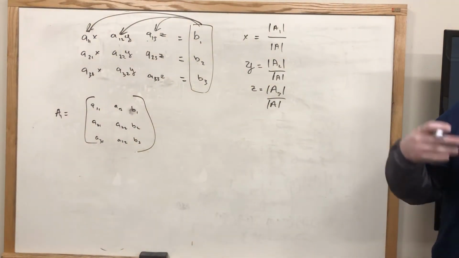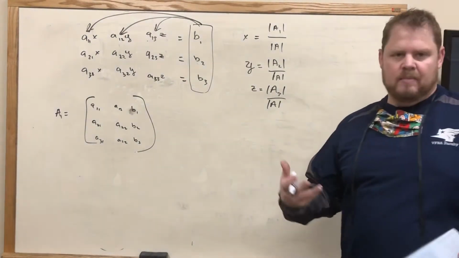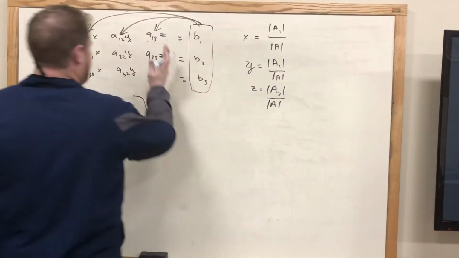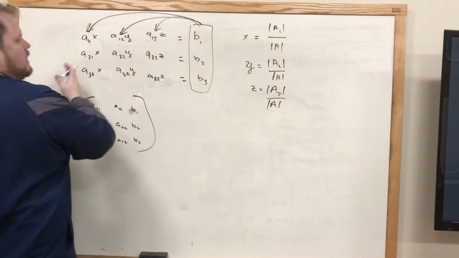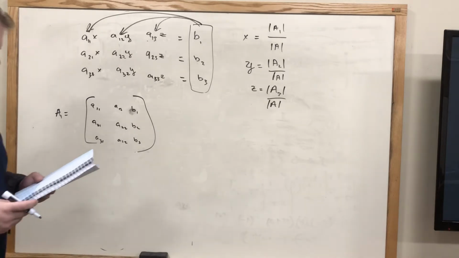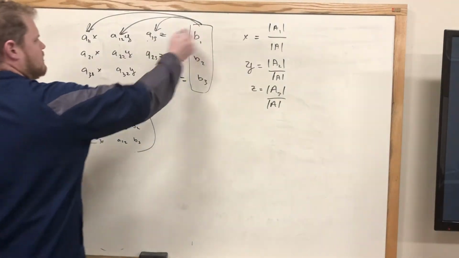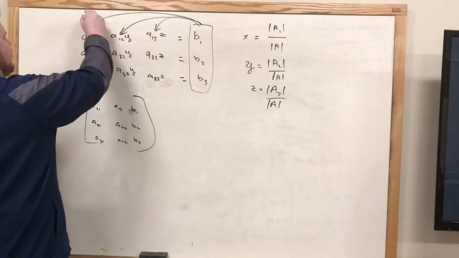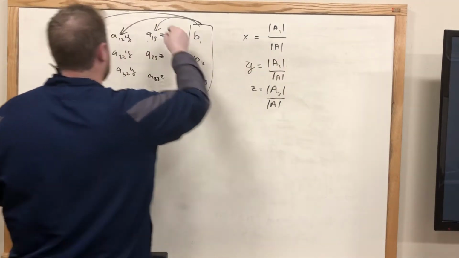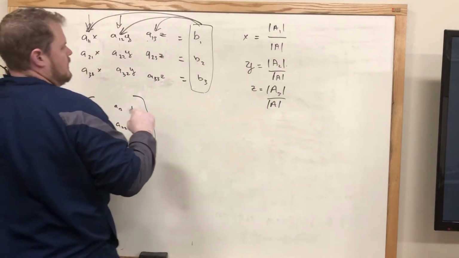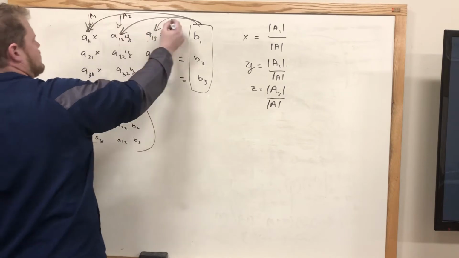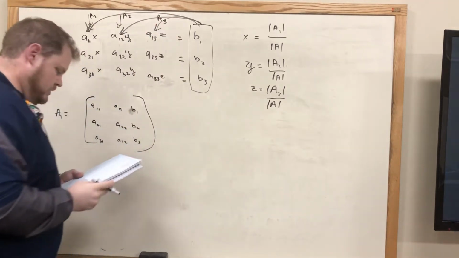That's where he came up with Cramer's rule. You take your B's and plug them in place of one of the columns. If he wanted to find A1, he would replace the A1 column. If he wanted to find A2, he would replace the A2 column. Wherever he put the B's, that's the column he was determining.